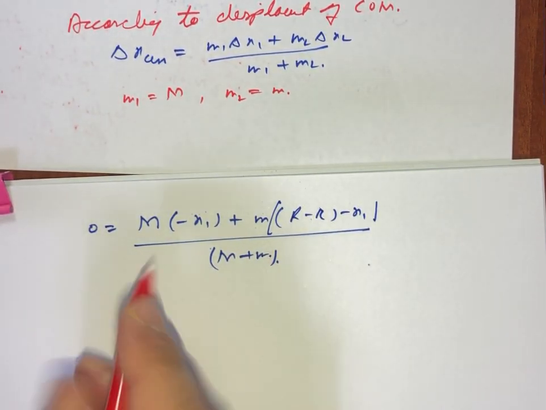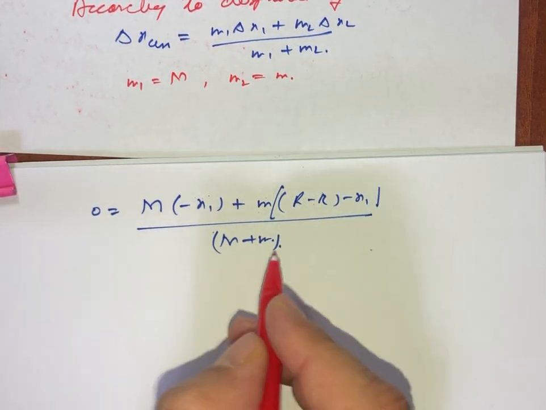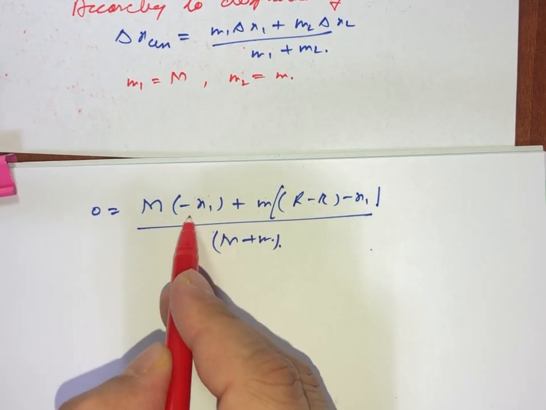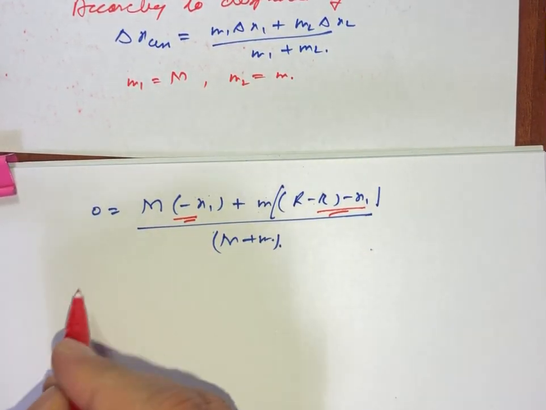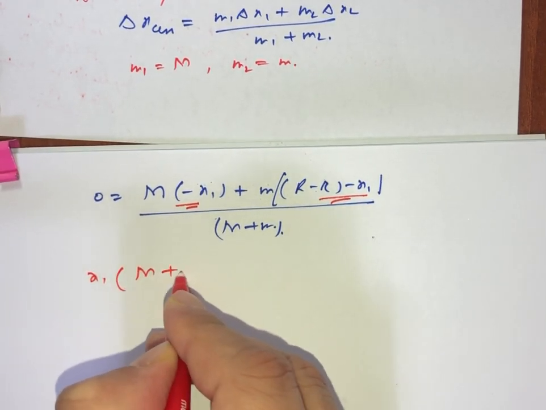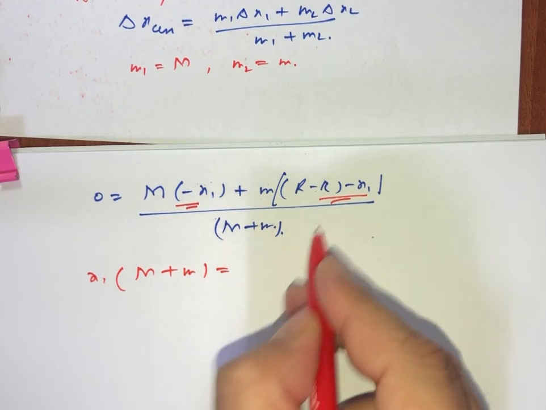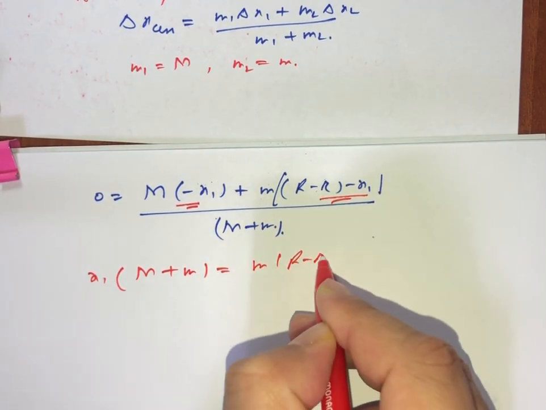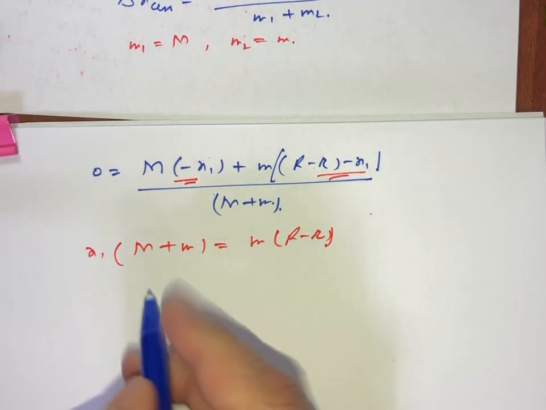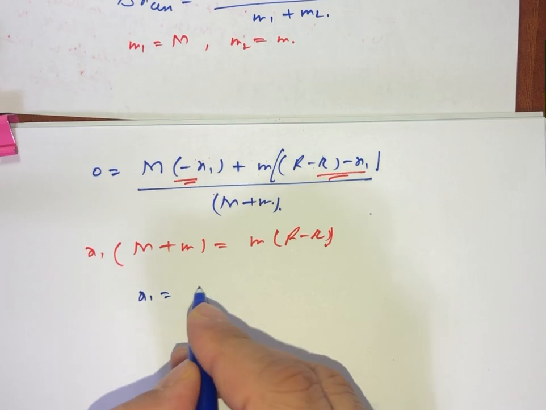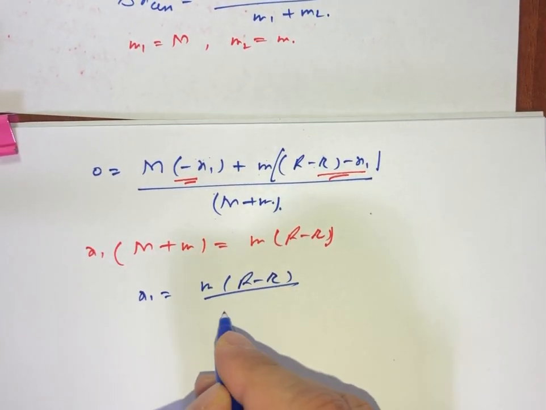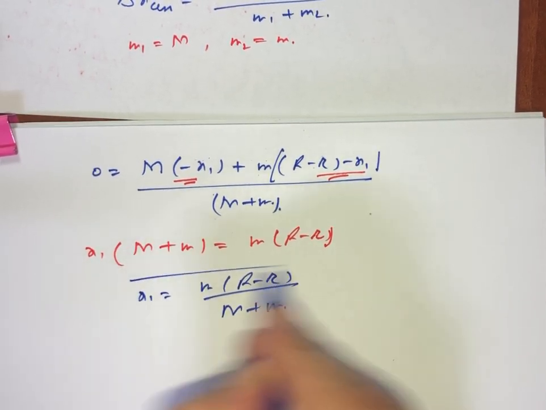From here we can open this bracket and take x1 as common. So we get x1 times (M plus small m) is equal to m(R minus r). So we get the displacement x1 is equal to m(R minus small r) divided by (M plus small m).